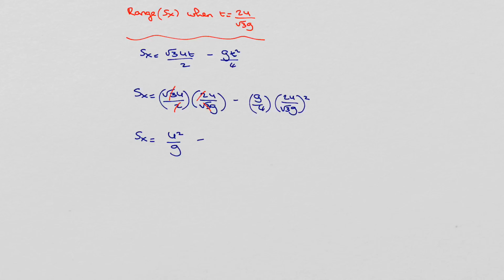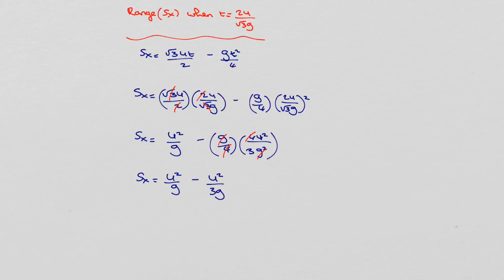And then here, if I square out my brackets, that gives me 4u squared over 3g squared. So again, 4 will go into 4 once, g will go into g squared once. So that leaves me with u squared over g minus u squared over 3g.